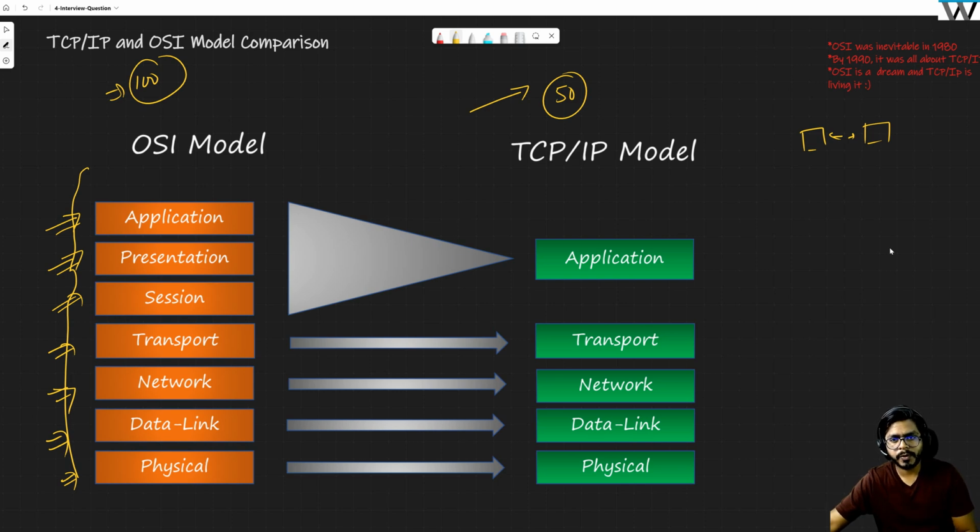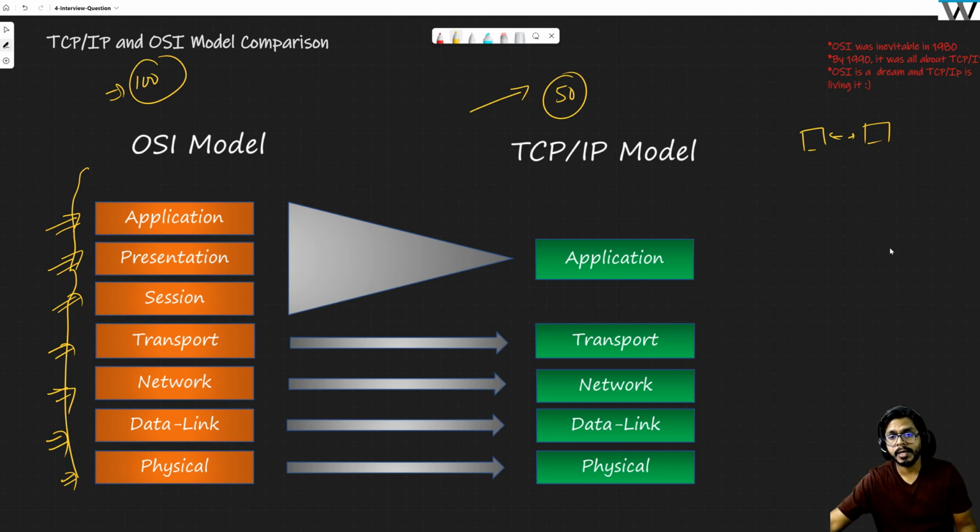There was a group of people who had the same vision that they also wanted these computers to be connected, but instead of going into all the theoretical portion, they wanted to solve this problem as soon as possible, right? So they created a closed group and they also broke this problem into multiple pieces.